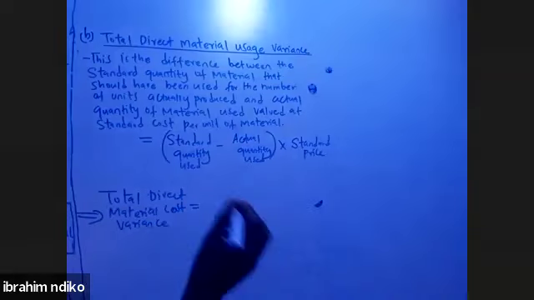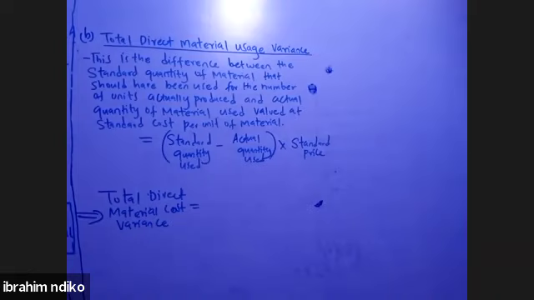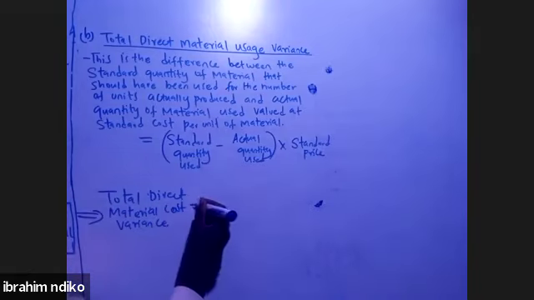So ukiangalia kwa notes zetu hapo juu tumepeana that for you to get the total direct material cost variance, tunachukua the standard material cost per unit, na multiply by actual units produced, and then tukishapata hiyo tuna minus the actual cost of the material.